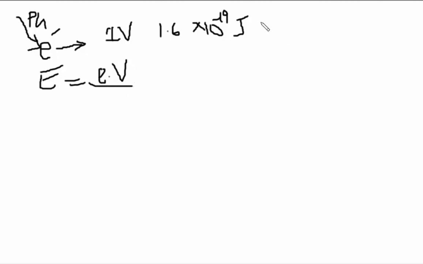So now we will see, I already told you that hc is Planck's constant times the velocity of light. By multiplying these two, I will get 1.99 into 10 to the power of minus 25 joule-meters.